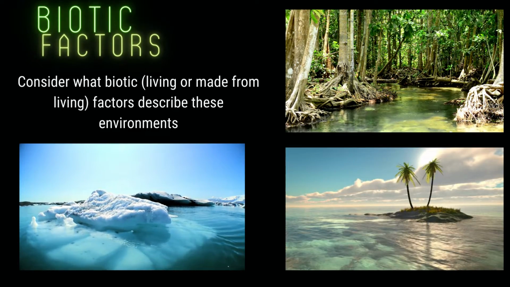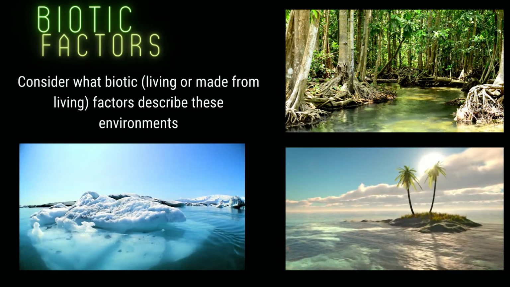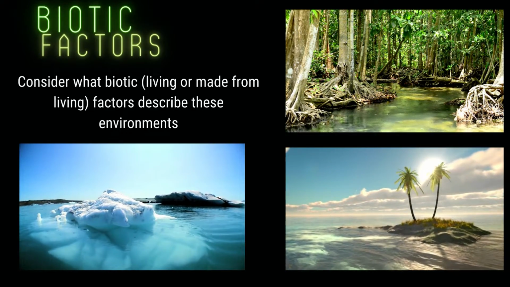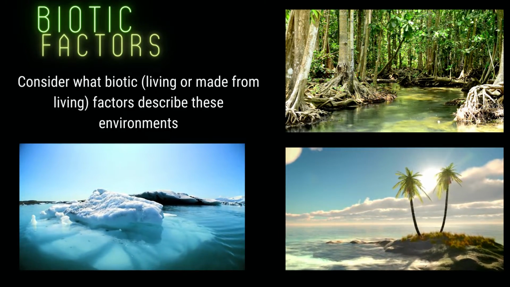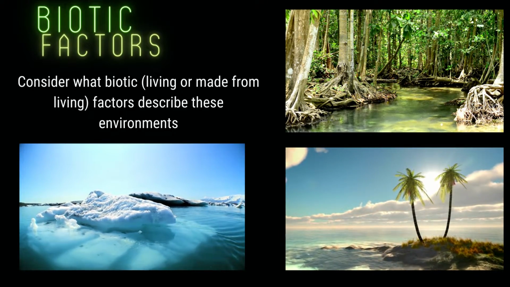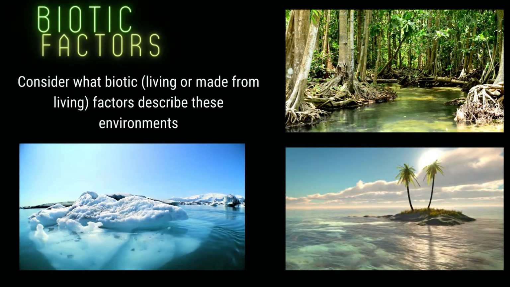Organisms are also considered biotic, and you can imagine that they are adapted best to certain environments that differ in abiotic factors. We can imagine that we'll see polar bears in the polar environment, but maybe not in the tropical mangrove forest in the top right.